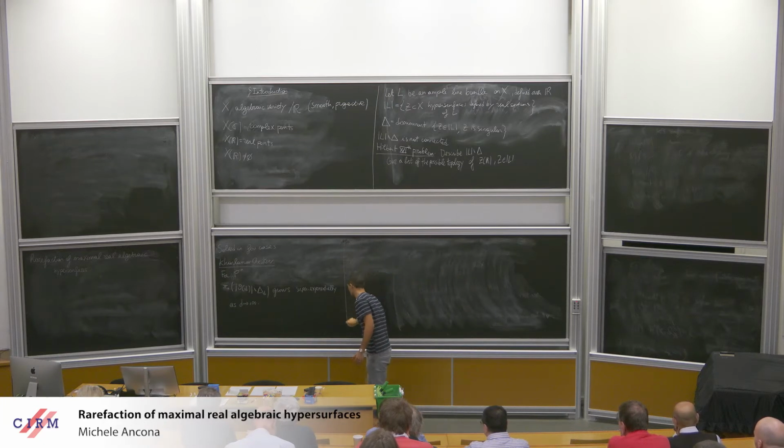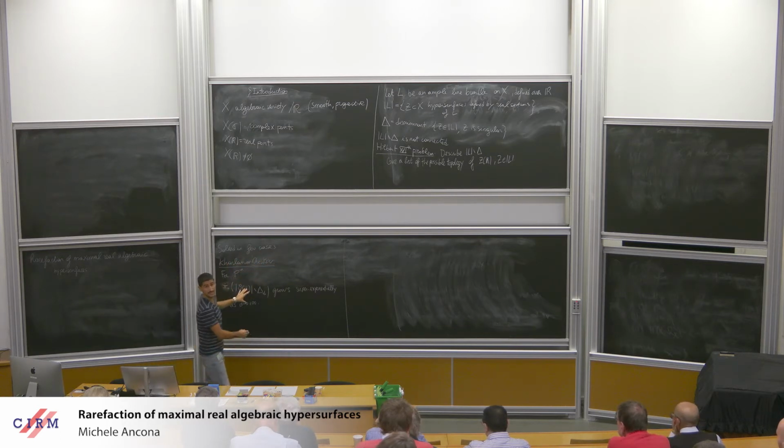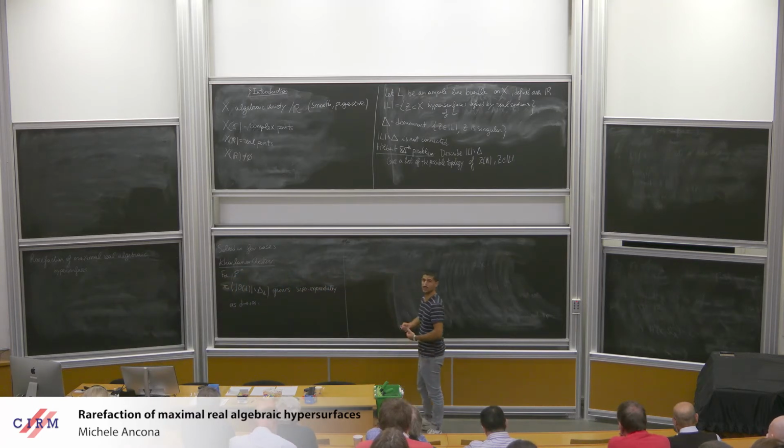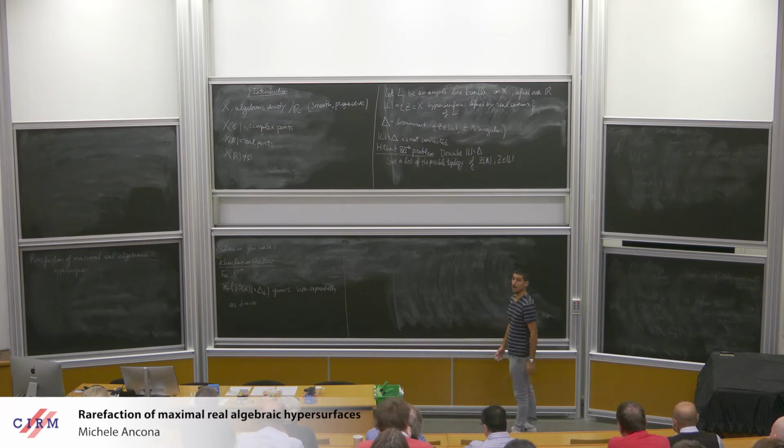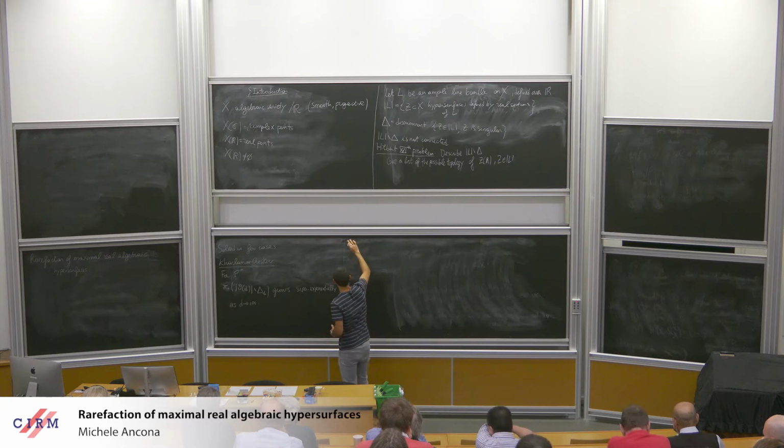And the point of view I want to adopt today in this talk is not to try to describe explicitly the connected components of these complements, but to adopt a more metric or measure theory point of view and try to describe the measure, the volume of some interesting connected component or chamber.